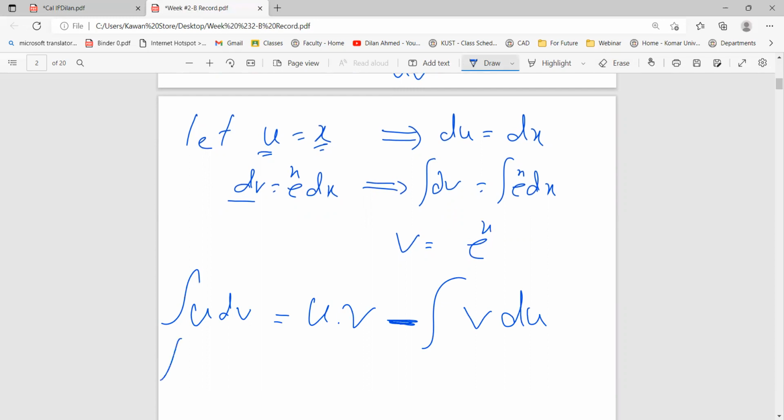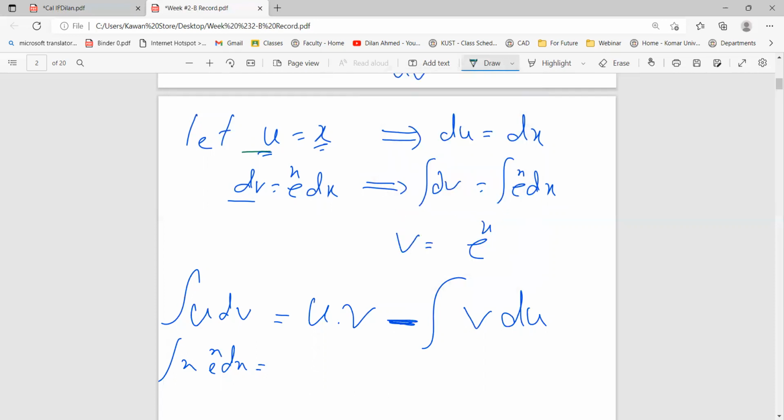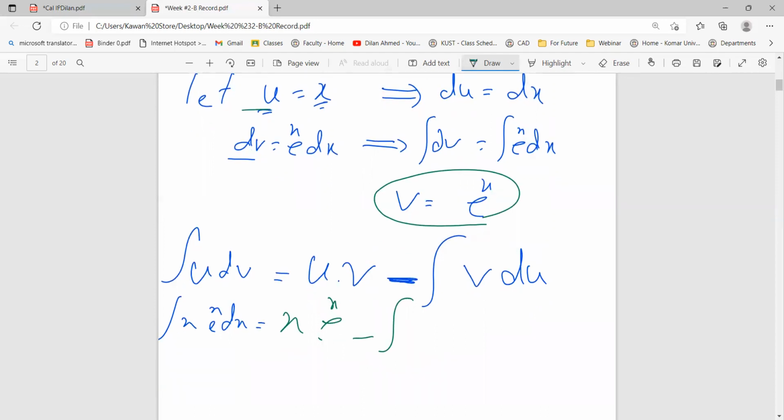Means that our integral is u v minus the integral of v du, where u is x, v is e to the power x, and here is du.